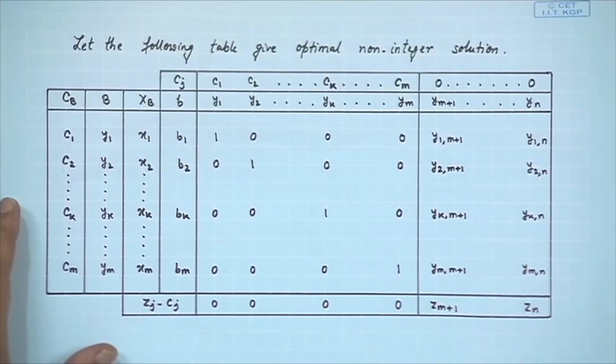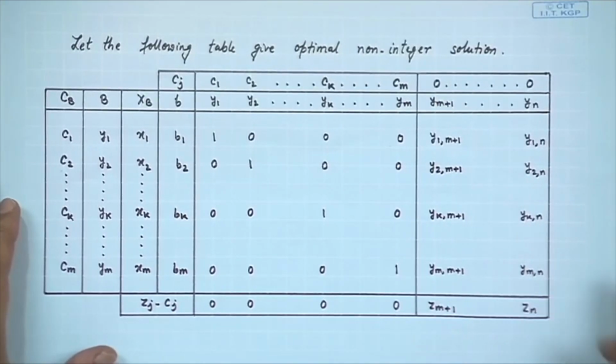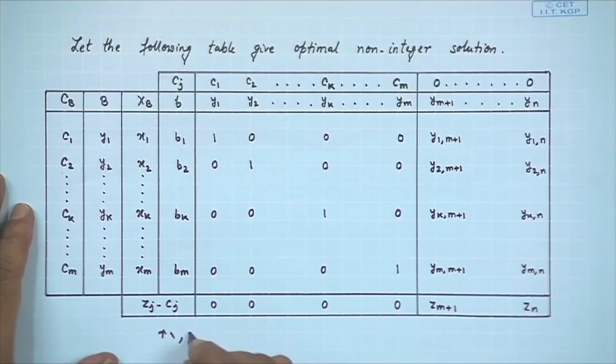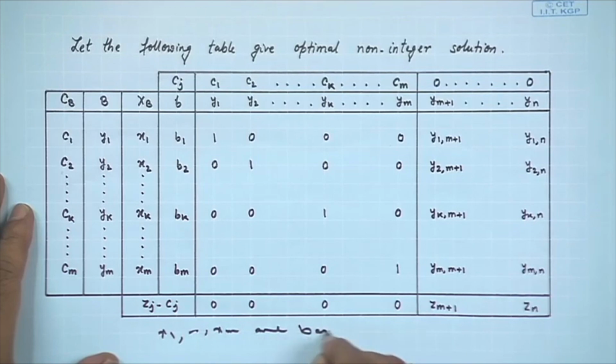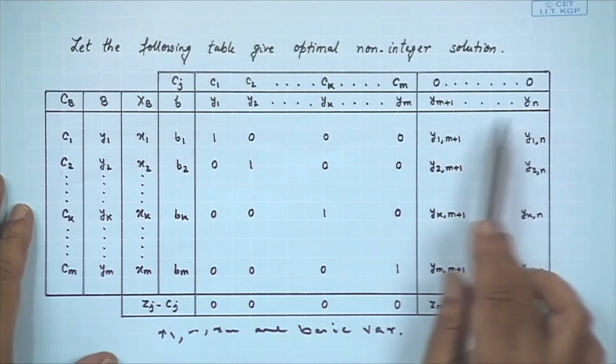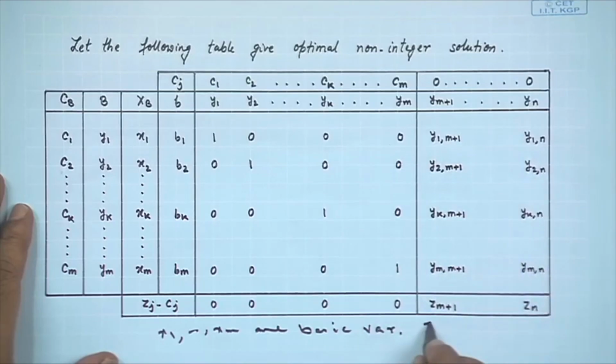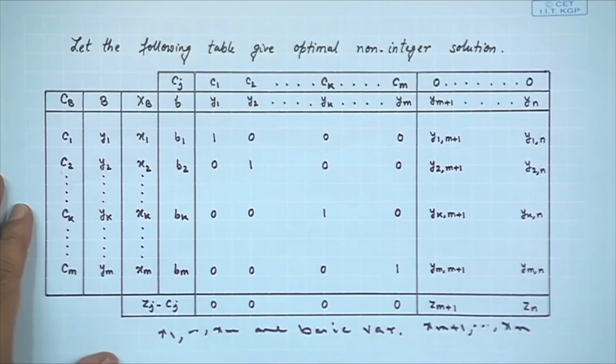So, here x1 to xm are the basic variables. Please note this one. Here x1 to xm are basic variables, and the remaining n minus m variables, that is xm plus 1 to xn, are non-basic variables.